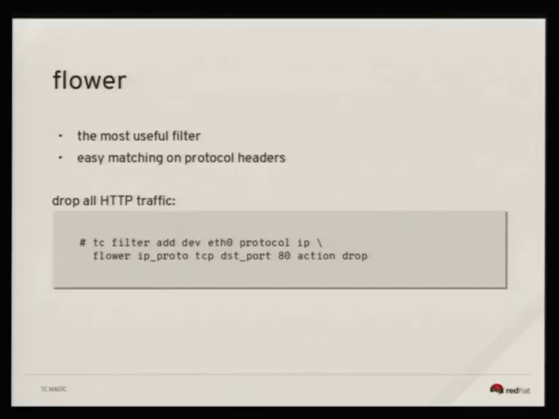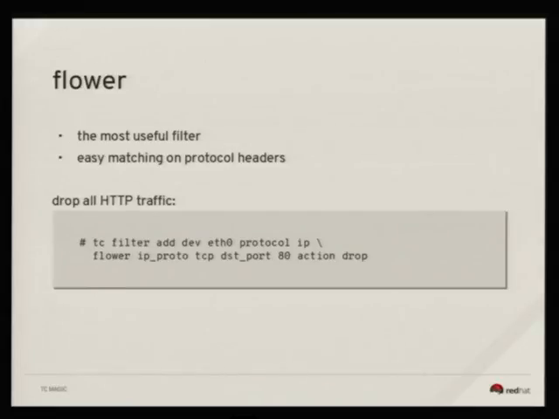Another filter, and that is probably the filter, is called flower. Flower allows matching on protocol headers, or protocol fields in protocol headers. So, for example, I can write a rule that will drop all HTTP traffic. So, adding a filter, note this, protocol IP. More on that a bit later.